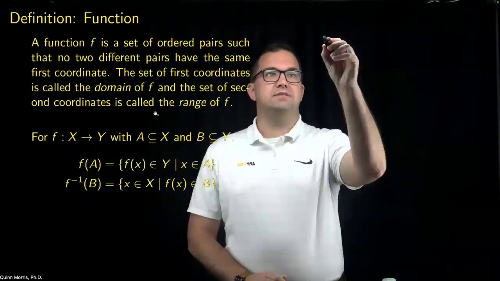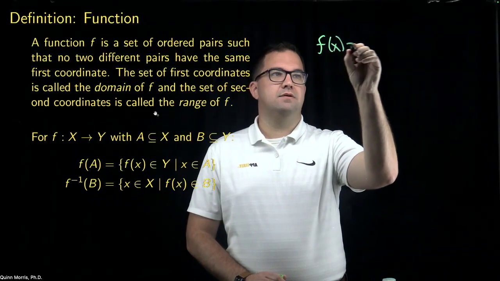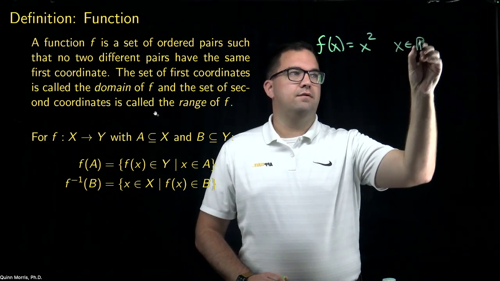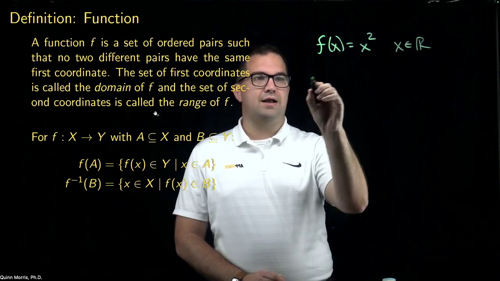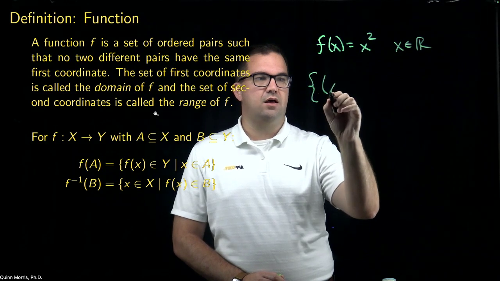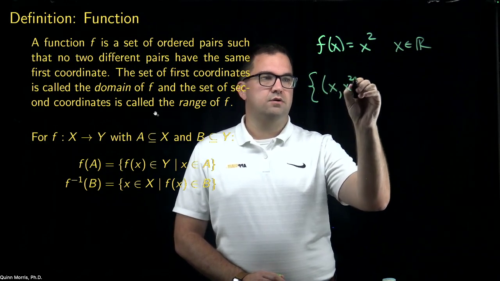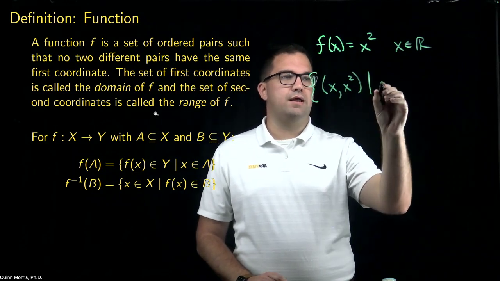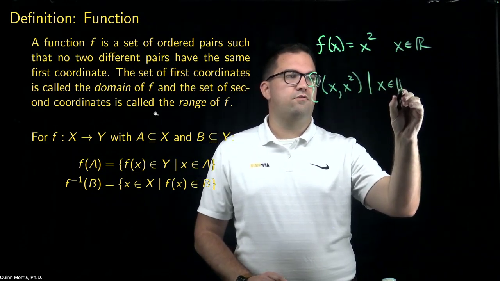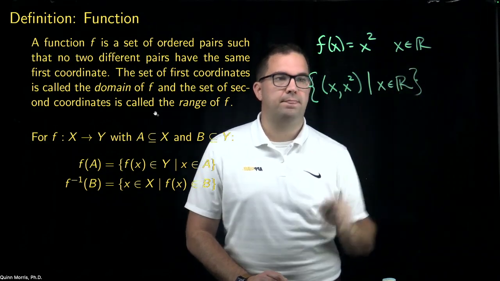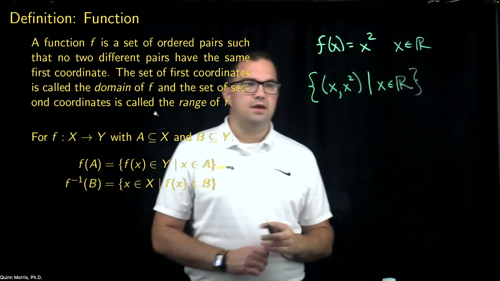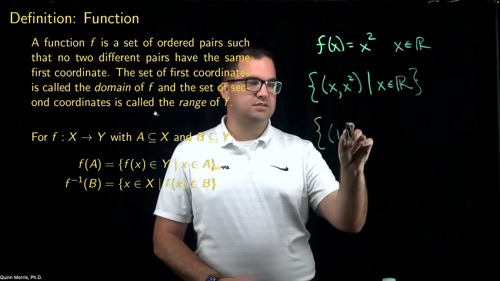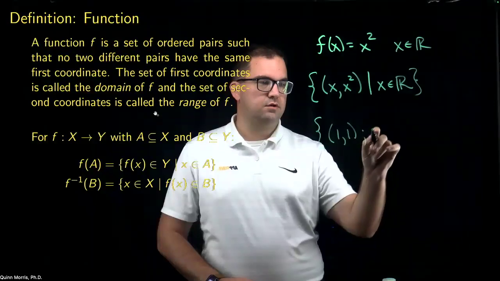So back to our previous example, I had f of x is equal to x squared, and if I wanted to take x to be all my real numbers, I could express this as a set of ordered pairs. The first entry is x, the second entry is x squared, and I want to do this for each real number x.